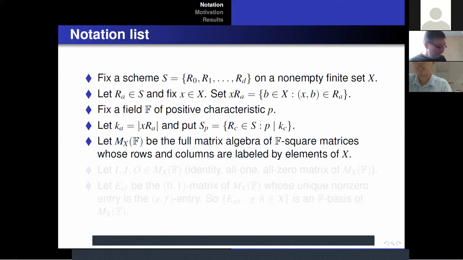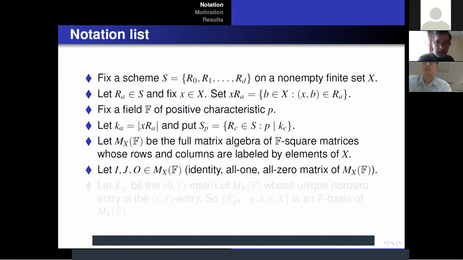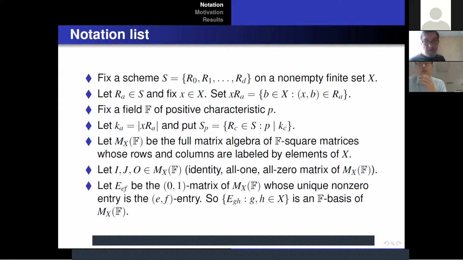Let MX(F) be the full matrix algebra of F square matrices whose rows and columns are labeled by the elements of X. Here we let I mean the identity matrix of MX(F), J mean the all-one matrix, and O mean the all-zero matrix. Let Eij be the 0-1 matrix of MX(F) whose unique non-zero entry is in the ij entry.